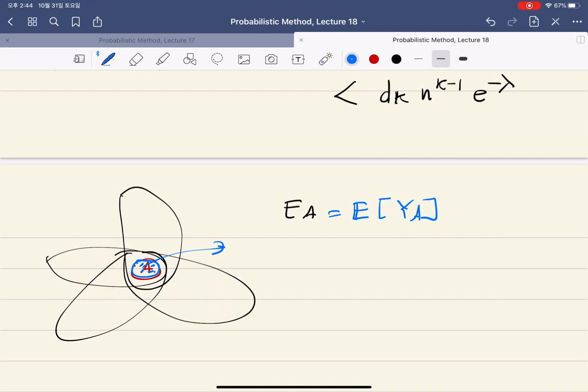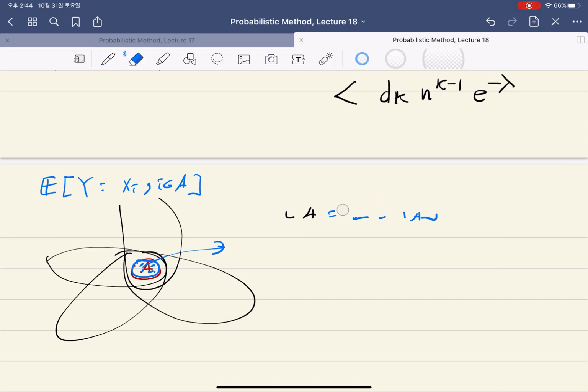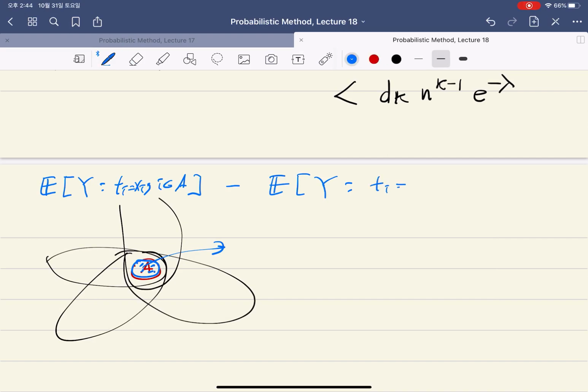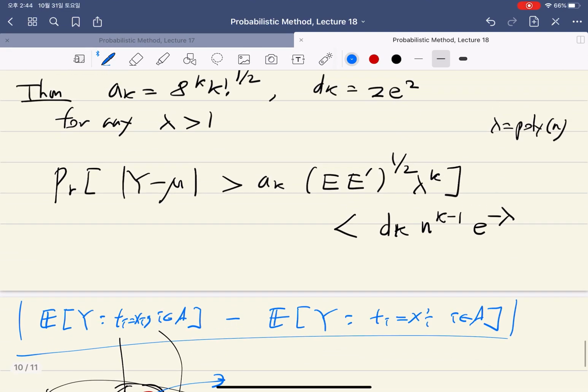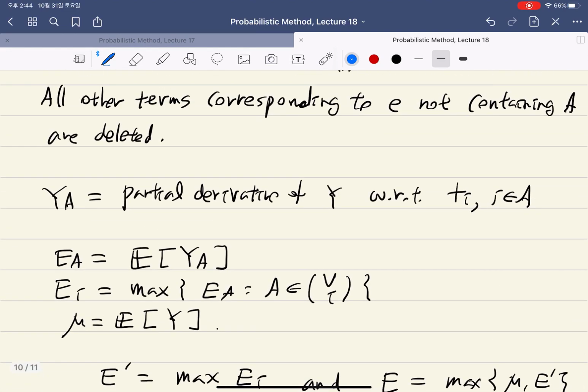So we want to bound the change in the expectation of Y, assuming we know the x_i for all i here. Roughly, what we wanted to show is that Ti is x_i versus Ti is x prime i. So we want to make sure that these are not big. And that's roughly encoded if we make sure that this E sub A is not big.